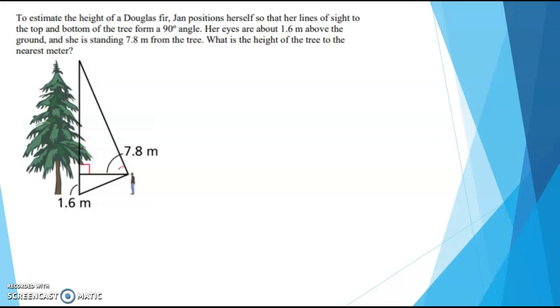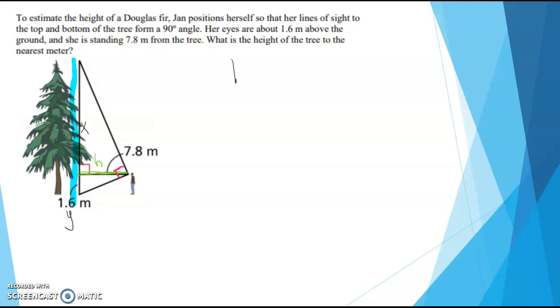What that is telling us is that Jan forms a 90-degree angle with the top and the bottom of the tree, which means this is my altitude, my h, which would split this side, the hypotenuse, into two parts, x and y. Let's label the height above her eyesight as x and the height below her eyesight as y.